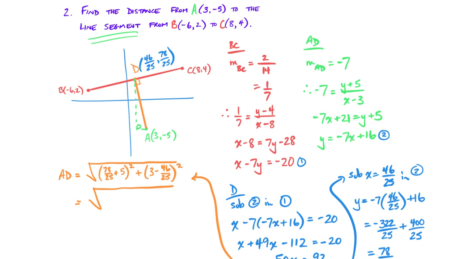Now, for me to calculate that, I want you to watch what I'm going to write down. I'm going to now change my 5 into 25ths, so that is 125 of them. And I'm going to do the same thing on the other, change my 3 into 25ths.